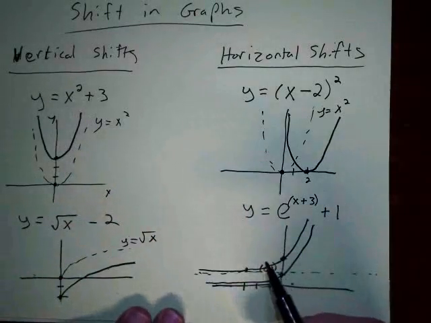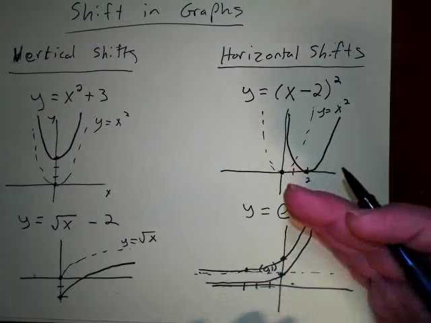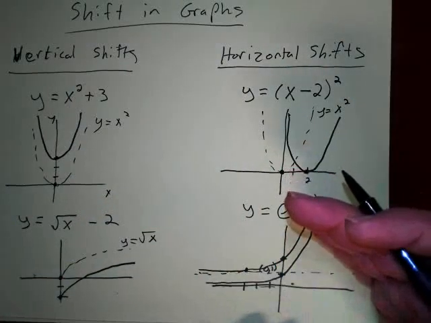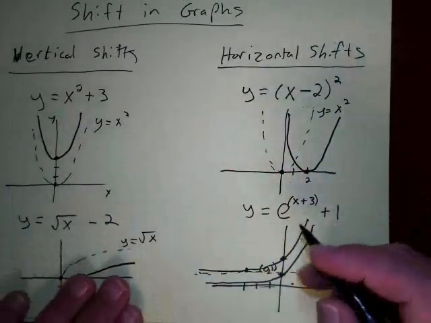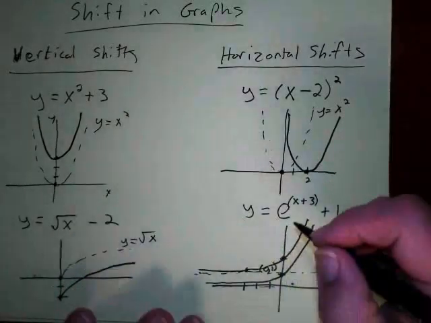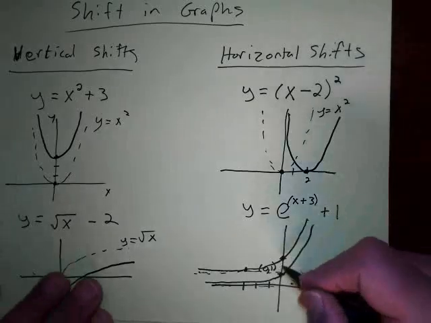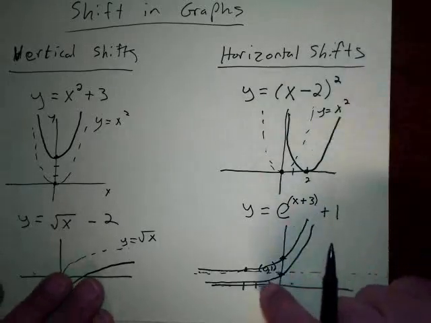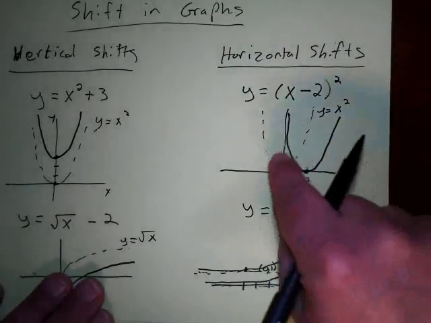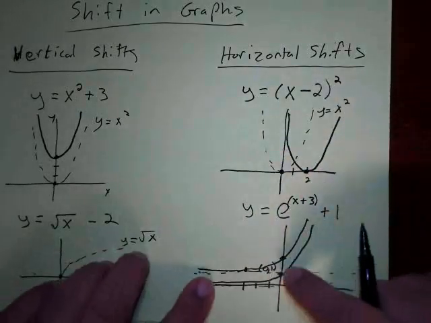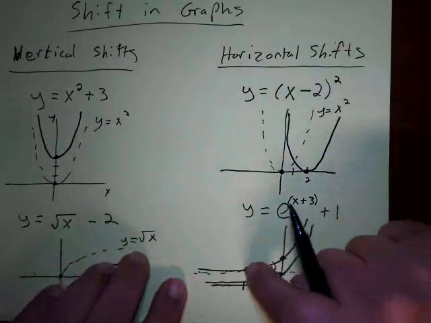I did that wrong. I actually did it wrong. Okay, here's what I should have done. I'm sorry. So I'm moving the asymptote up. And this one's maybe a little harder than these, but I'm moving the asymptote up, but I'm also moving this point over.